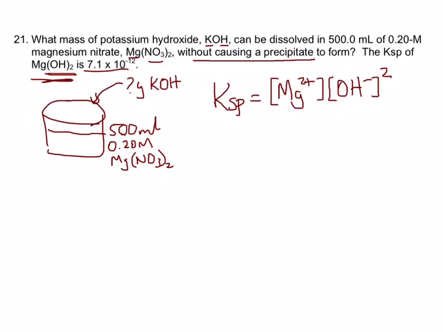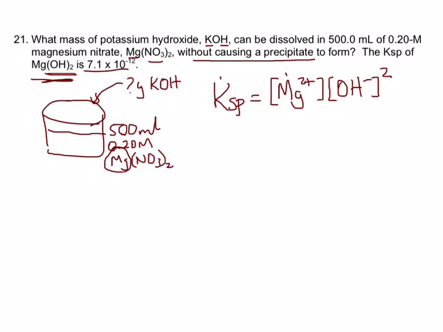So we're told that 7.1 times 10 to the minus 12 is the KSP, and notice we know that the magnesium's concentration is 0.2 molarity. So we know the KSP and we know the magnesium concentration. We're going to add some hydroxide, KOH. We'll assume that the volume stays constant in the beaker.